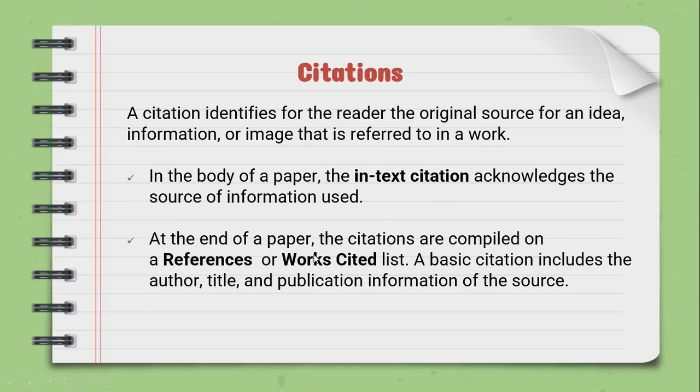The second is the summary of the cited works, which we call references. When you have reference research papers, you cite where they are used, and after that all those citations are summarized at the end of the paper as references.